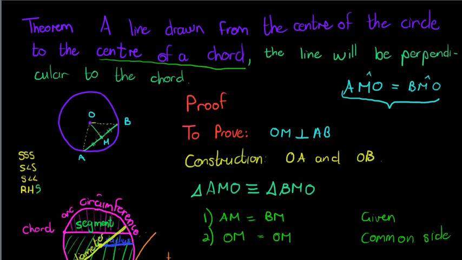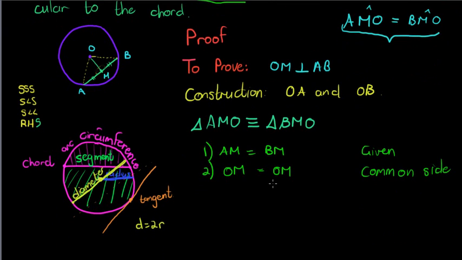Now finally, there's one more pair of sides that are equal. Why is OA equal to OB? They were constructed, but we didn't construct them to be equal. We didn't say anything in our construction about drawing them equal to each other. We just drew them in.